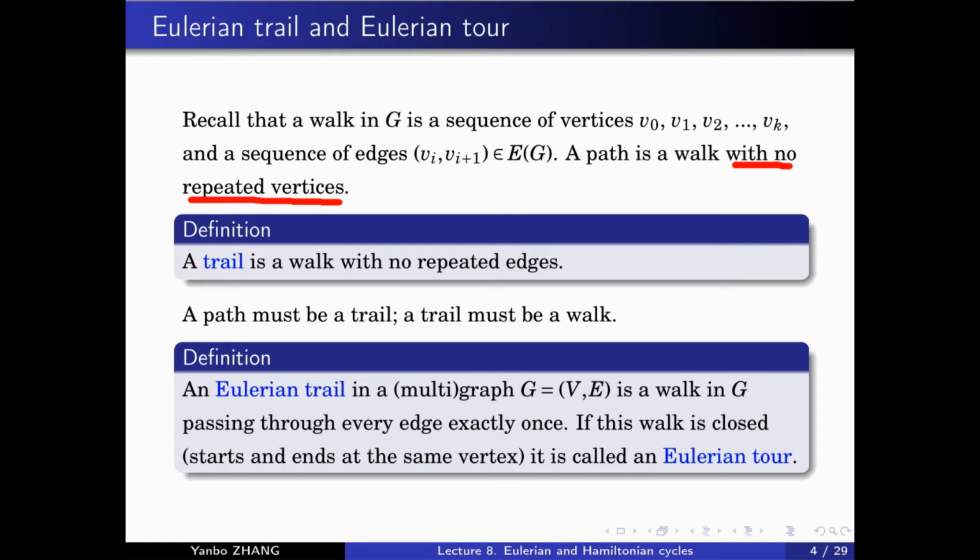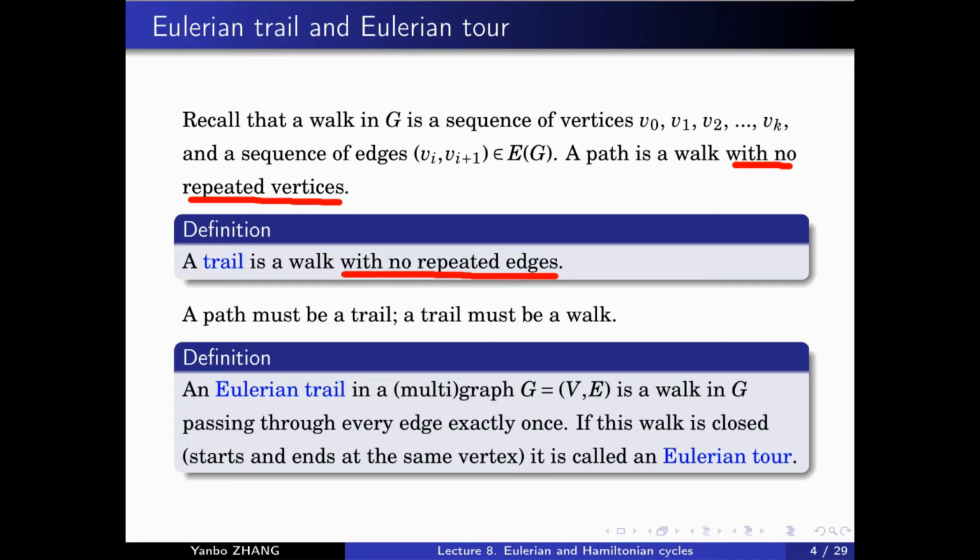Now we have the definition of a trail. A trail is a walk with no repeated edges. So we see that both paths and trails are walks. Moreover, if a walk has no repeated vertices, then it has no repeated edges.